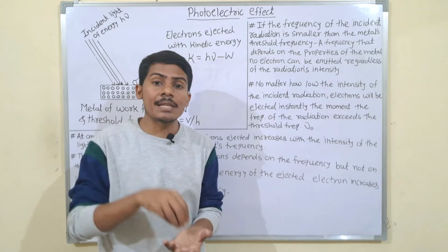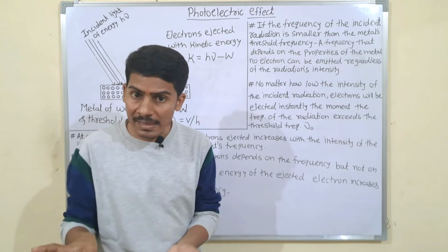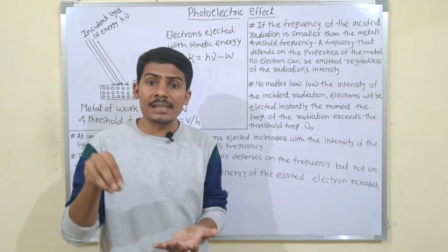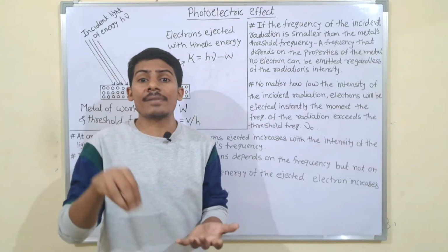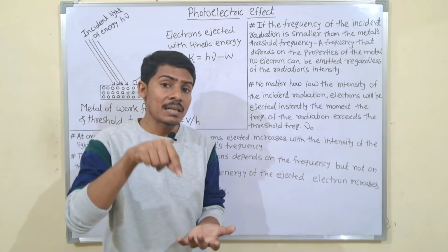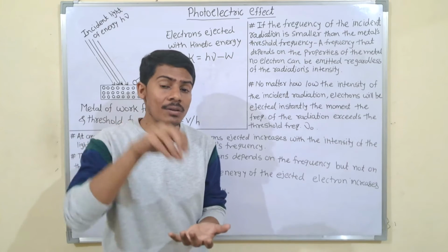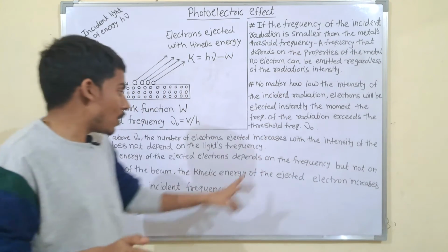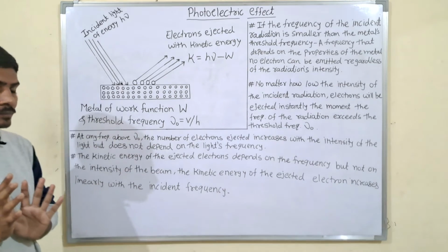Kinetic energy depends on the frequency of light. Ejection of the electron depends on the frequency limit, and the number of electrons depends on the intensity of light. Now these four points are clear.